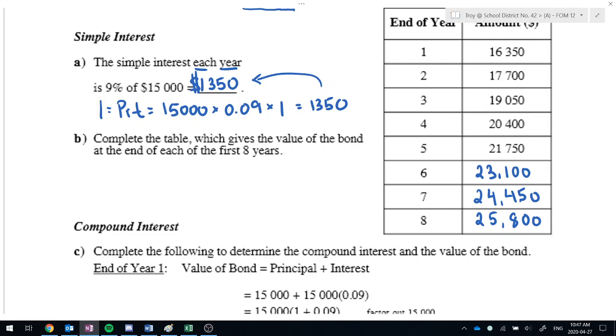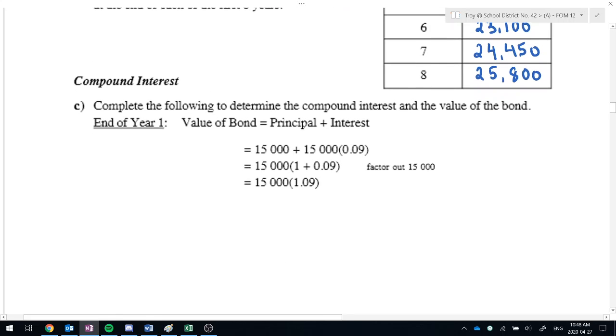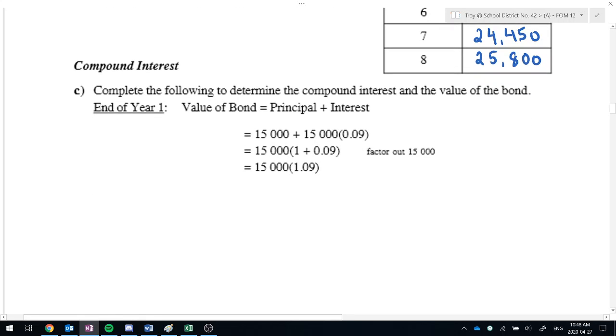Pretty good. Okay. But that's a review. We should be pretty comfortable with simple interest. So now let's take a look at what happens when we use compound interest. So this is going to be at the end of year 1. So the value of the bond, as normal, we take our principal amount and we add our interest.